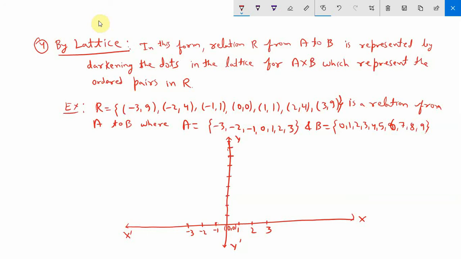Next we will draw dotted lines to form the lattice for all the elements. So this is 1, then this is -1, -2, -3. Then we can draw similarly for 1, 2, and 3.